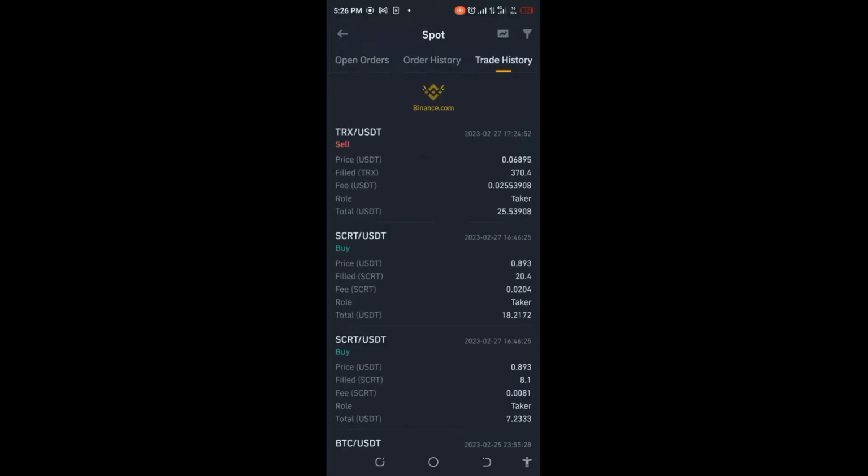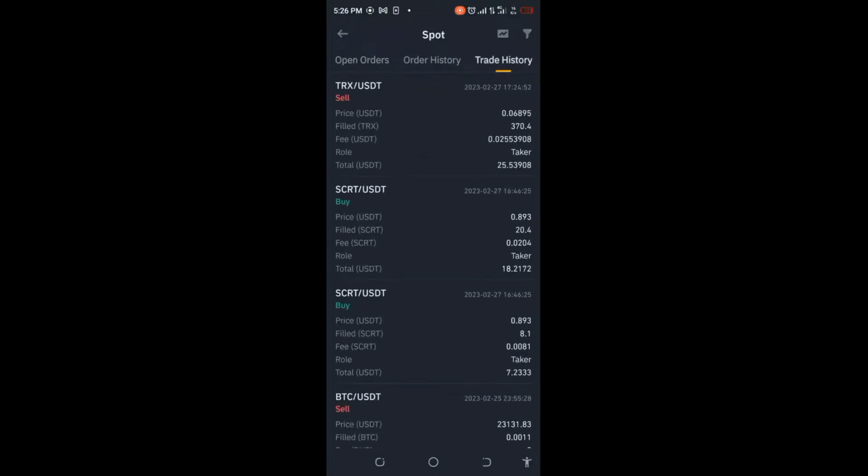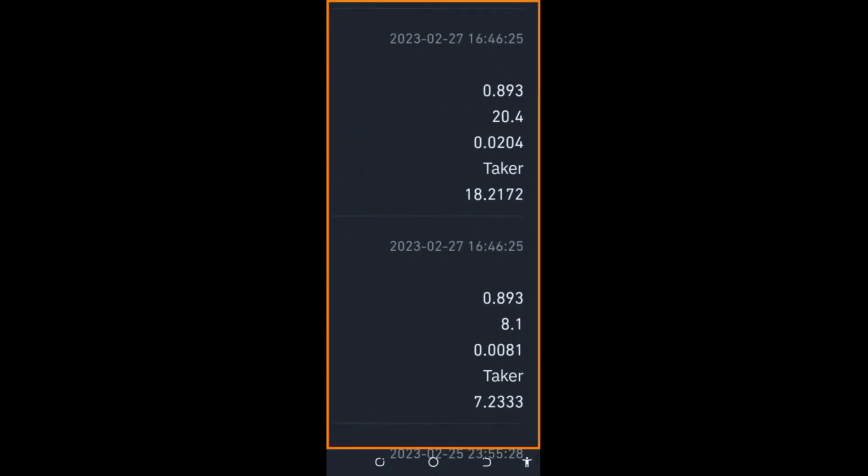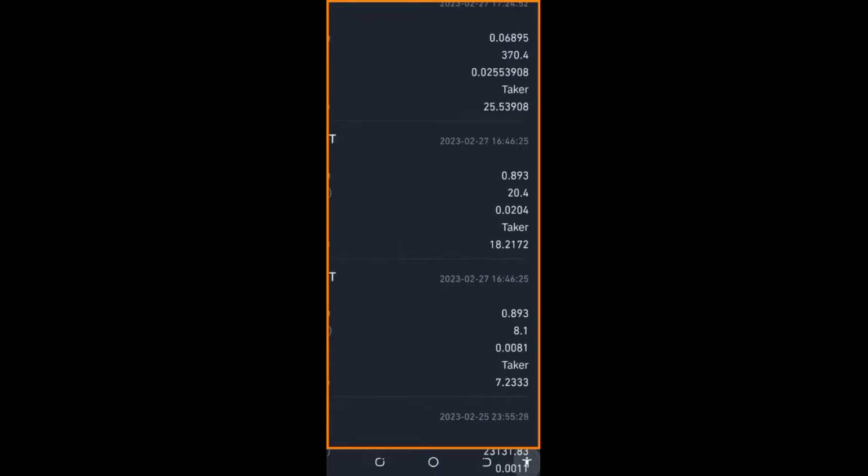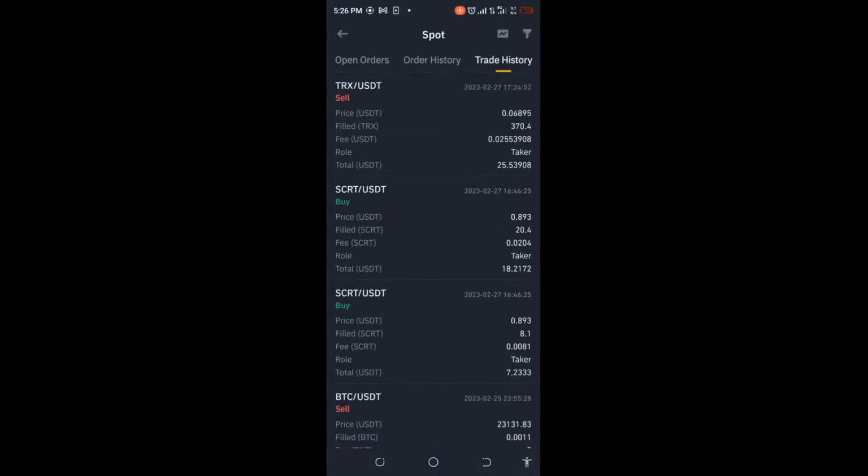The trade history shows it bought in 2 parts. We have 18.2 and we have 7.2. If you add everything together, that's 25.44, something in that range.